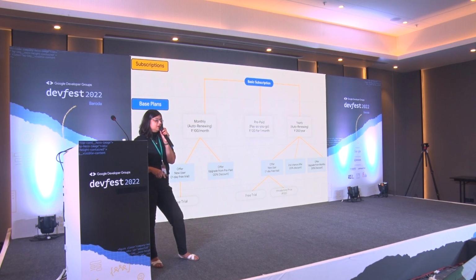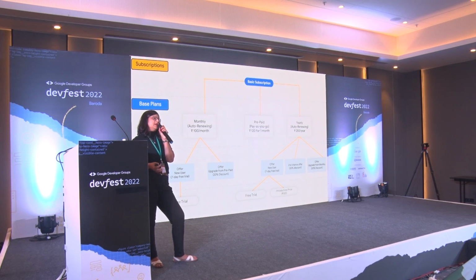Pricing phases, as talked about, could be a free trial or an introductory price. Like I said, if your application is very vast and you need your users to explore it for some more time, then you can have an introductory price after your free trial is exhausted.